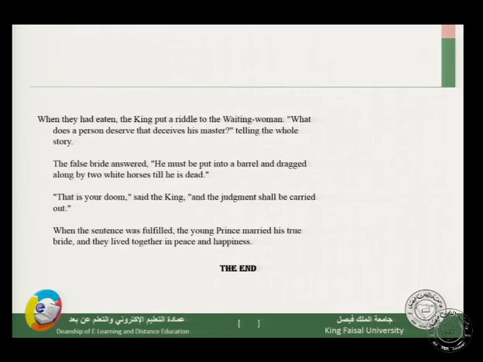Then the waiting woman, the servant, said he must be put into a barrel and dragged along by two white horses till he is dead. As if she is just giving the punishment that she deserves.